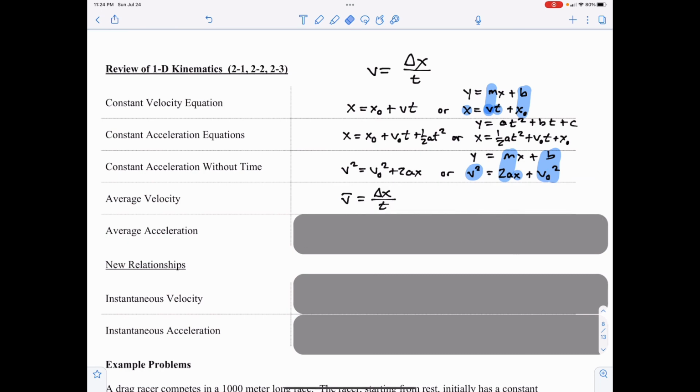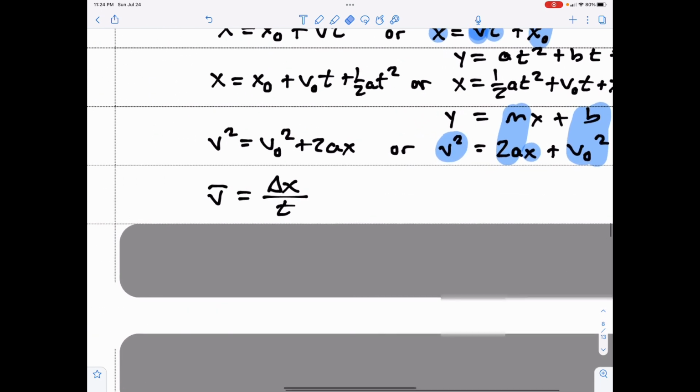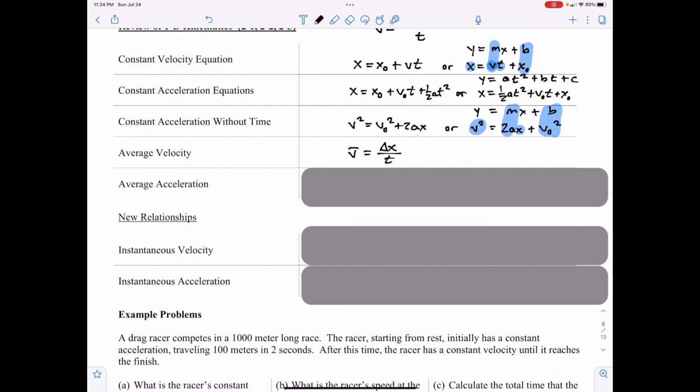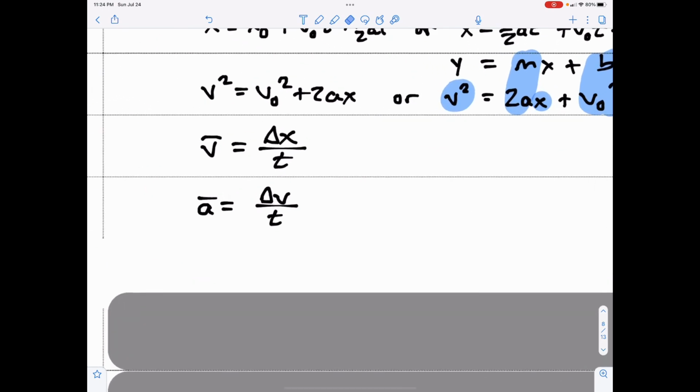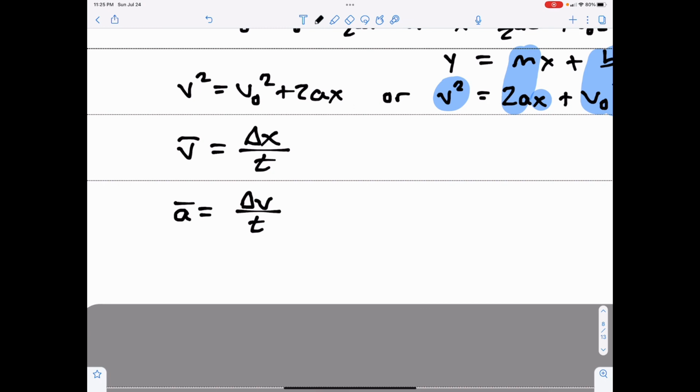Average velocity equals delta x over t, and average acceleration equals delta v over t. If the acceleration is the same and constant, then average acceleration is constant acceleration. They're the same thing.